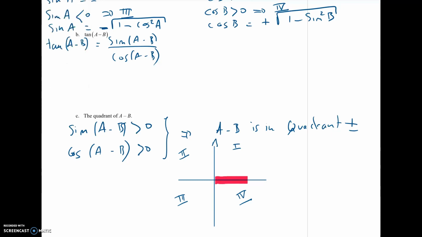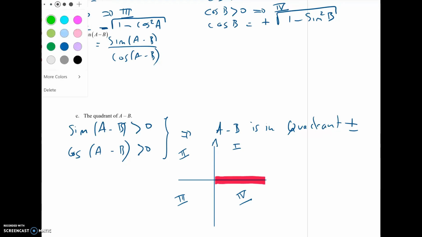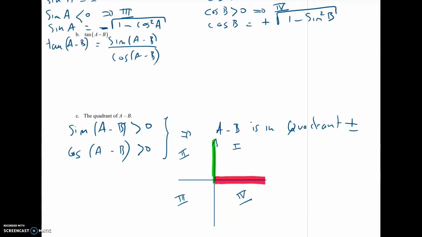So right there we have a cosine positive. Then right here we have a sine positive. Then right here we have the cosine which is negative.